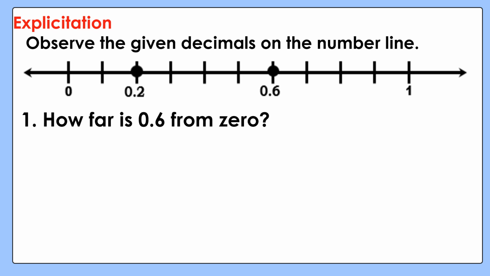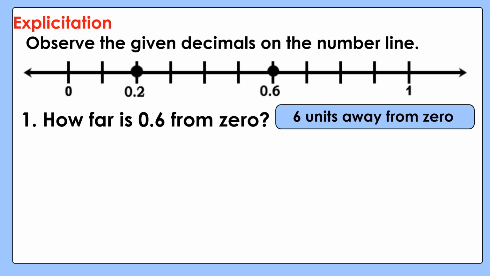Number 1, how far is 0.6 from 0? The answer, 6 units away from 0. Let's check if the answer is correct. So it should be 1, 2, 3, 4, 5, 6. Therefore, the answer is correct.